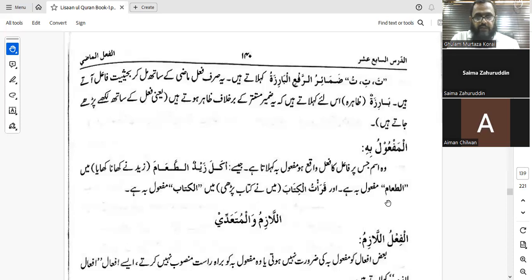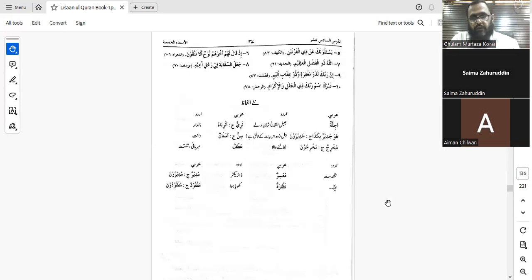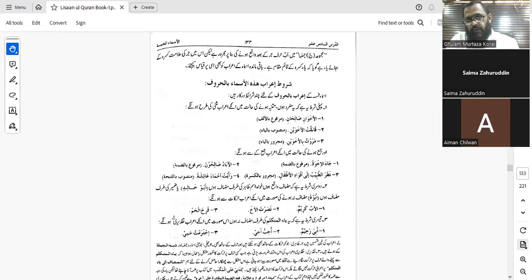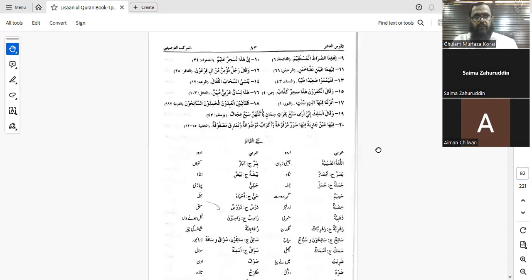That is page number 82 in the Urdu book. Okay, let me go from here. Just a minute. 82. This is 83.